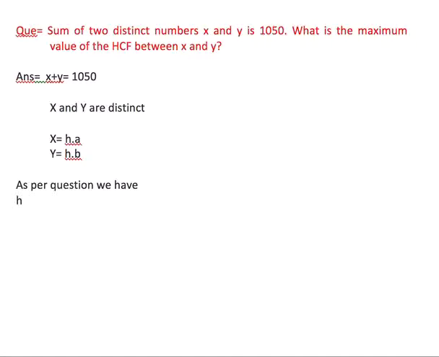It means h into a plus h into b is equal to 1050. That also implies that h into (a plus b) is equal to 1050, right?